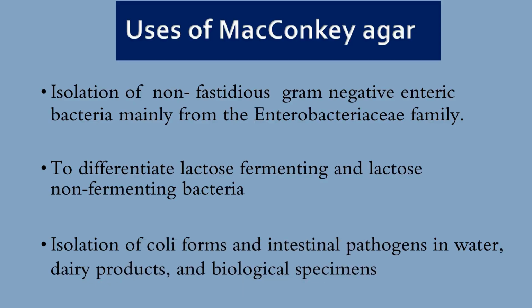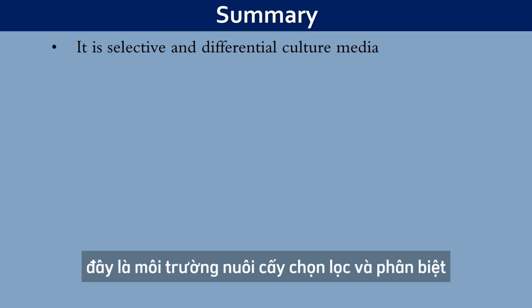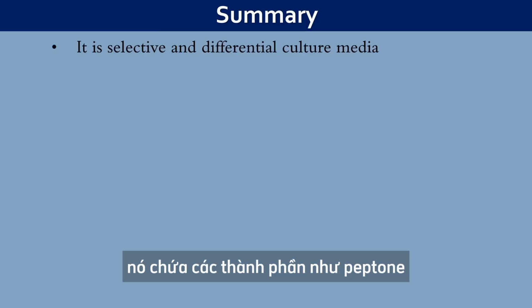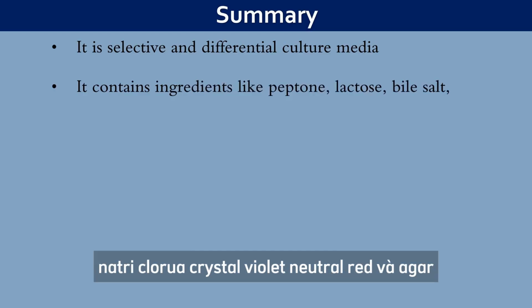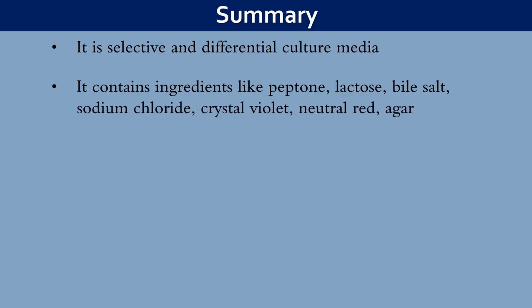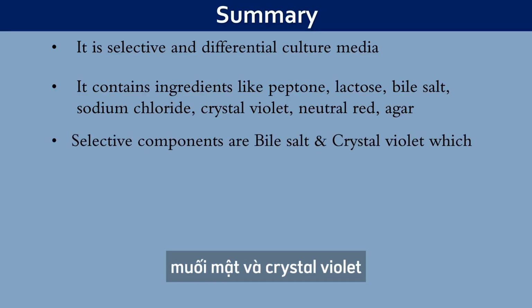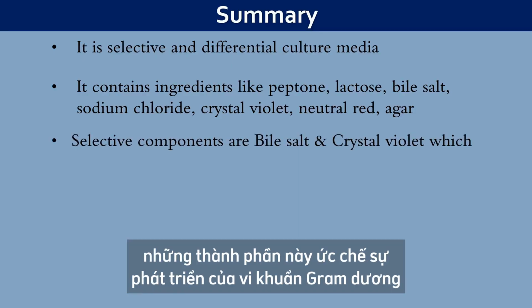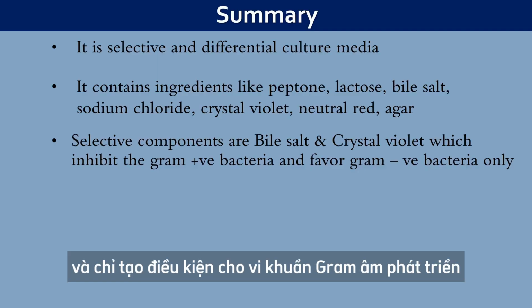So friends, now let us summarize what we learned so far about MacConkey agar. It is a selective and differential culture media. It contains ingredients like peptone, lactose, bile salt, sodium chloride, crystal violet, neutral red and agar. The selective components present in MacConkey agar are bile salt and crystal violet, which inhibit the growth of gram-positive bacteria and favor the growth of gram-negative bacteria only.